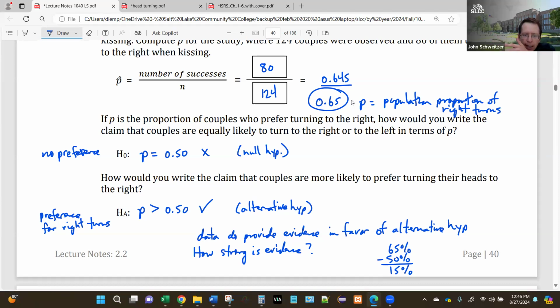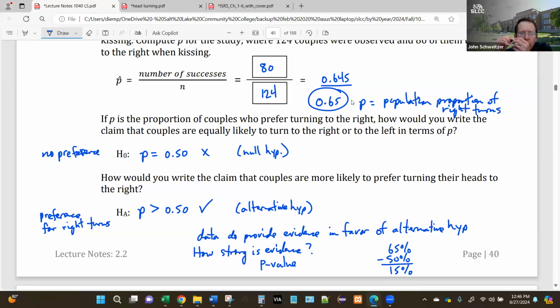The key is this thing called the p-value. The p-value, or probability value, we're going to talk about this on Wednesday or on Thursday, is going to quantify for us how strong the evidence is. So how do you go about finding out how strong the evidence is?